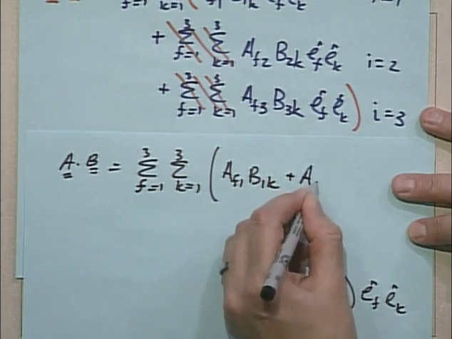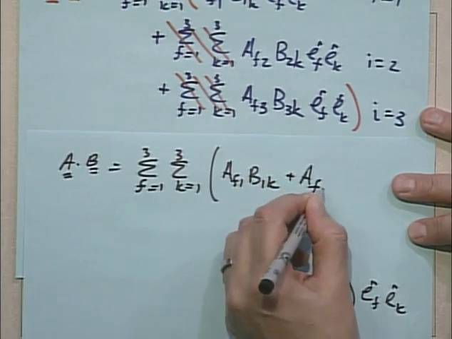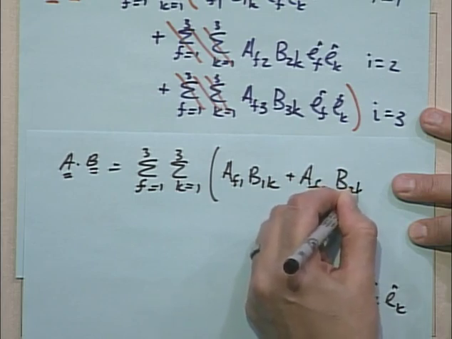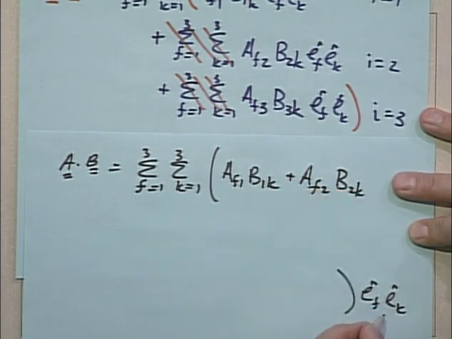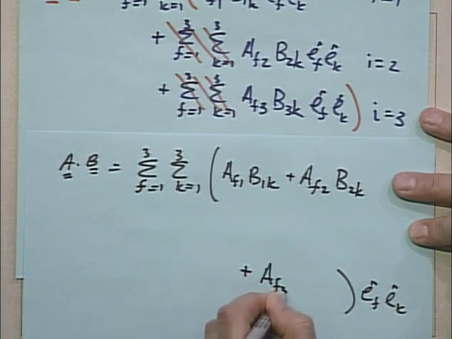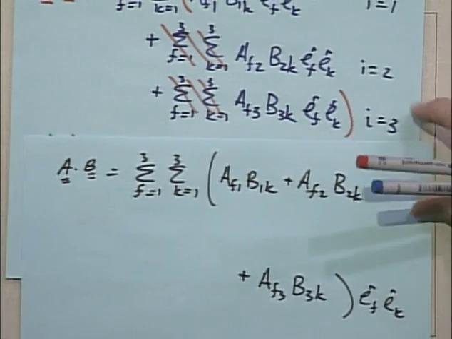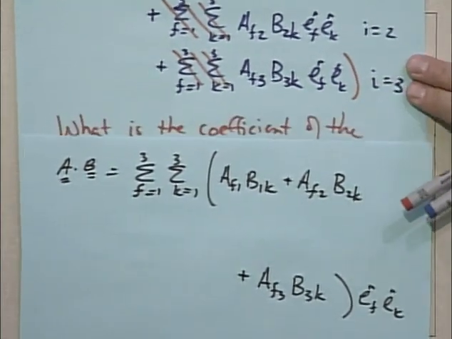Plus AF2 B2K times EF-EK plus AF3 B3K times EF-EK. Kind of wrote that in an awkward way even after I tried to make it cleaner.